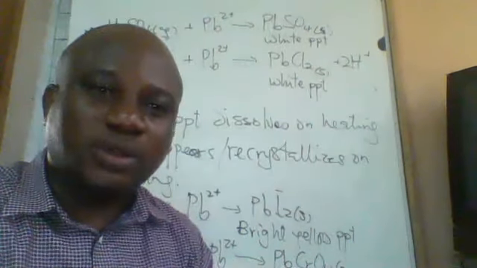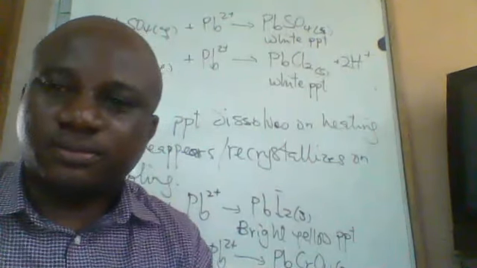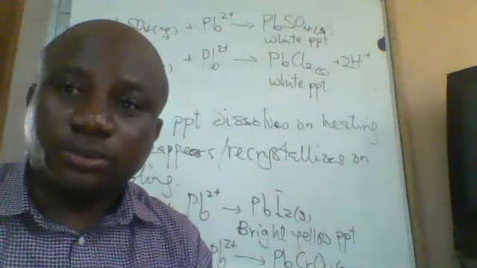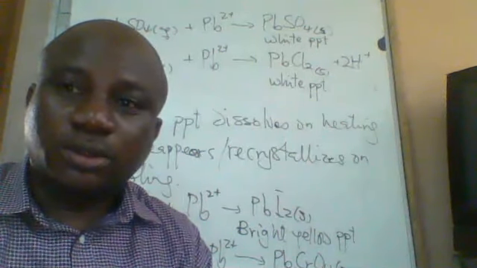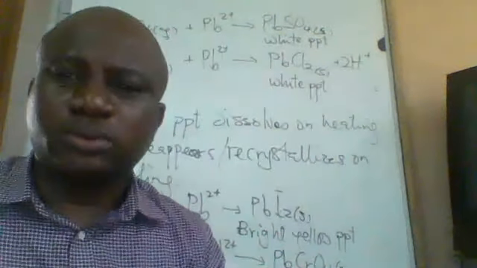Now, when you add it in excess, what will happen? What will you see? It will be deep blue. The PPT will dissolve, forming a deep blue solution. Thank you.